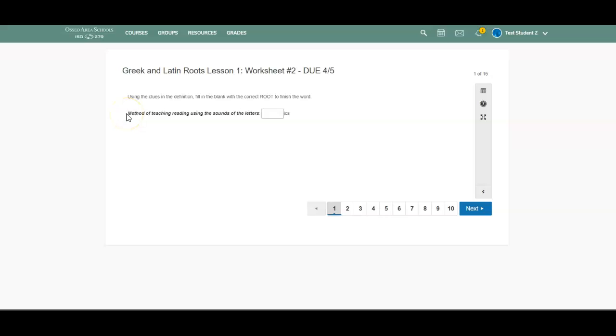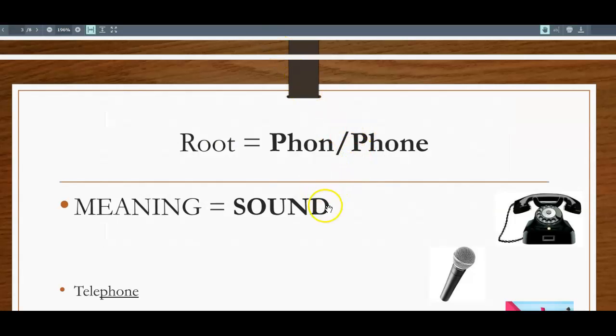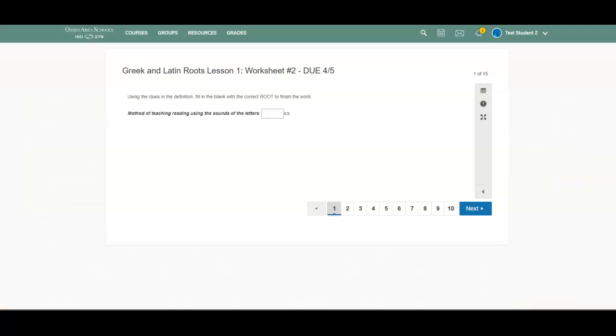So here we have method of teaching reading using the sounds of letters. Now I see the word sound, and I remember in my notes that sound refers to fawn or phone. So I remember that the method of teaching reading using sounds is phonics. So if I type in fawn, now I've created the word phonics. And that's the answer to number 1.